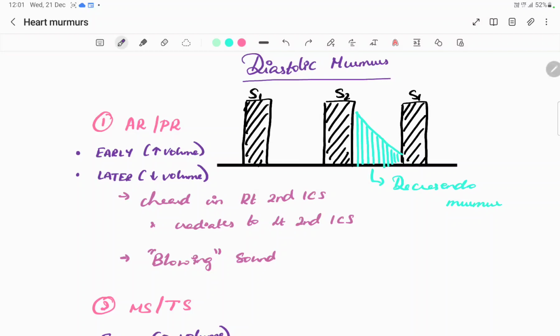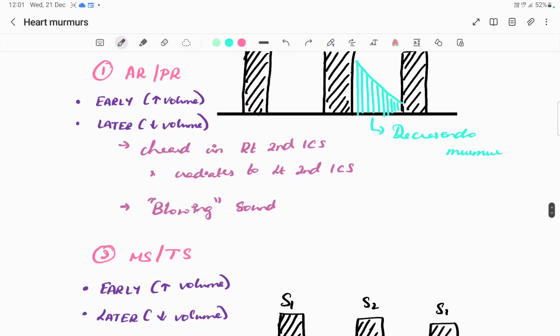That's the reason for the decrescendo murmur. This is heard in the right second intercostal space because aortic is heard in the right second, pulmonary is heard in the left second. And this aortic regurgitation murmur radiates to the left second intercostal space also. And it is a blowing sound since it's a regurgitation.